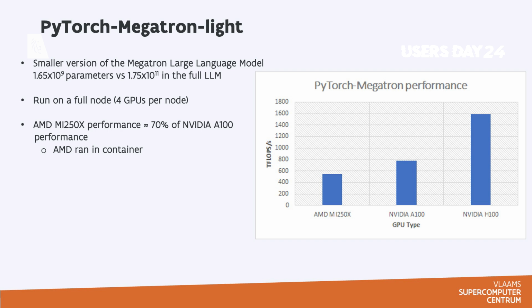So the MI250X performs the worst, but better compared to the NVIDIA nodes than with the previous model. It's about 70% of the performance on the A100 nodes. Again, AMD was run in a container, NVIDIA was not. That might have a minimal effect, but it could be because of other reasons as well, probably because of the better half precision calculations on NVIDIA compared to AMD.